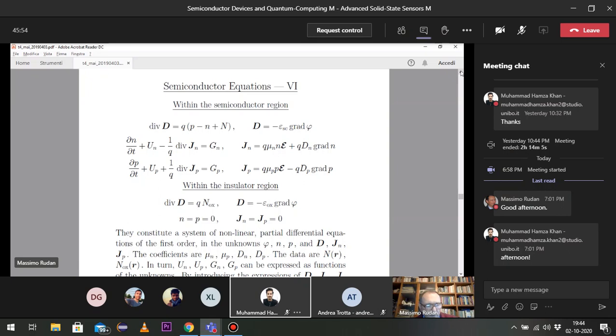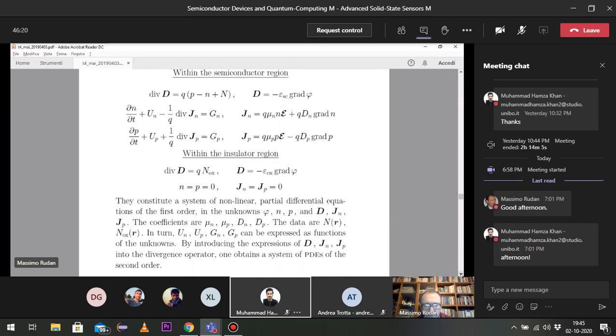It is possible to introduce a manipulation that essentially amounts to changing the unknown function, okay, to transform the transport equations into a form that is called monomial. So instead of being made of the sum of two terms, they have only one term each, okay?